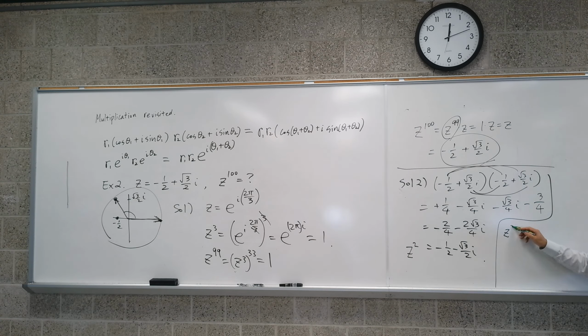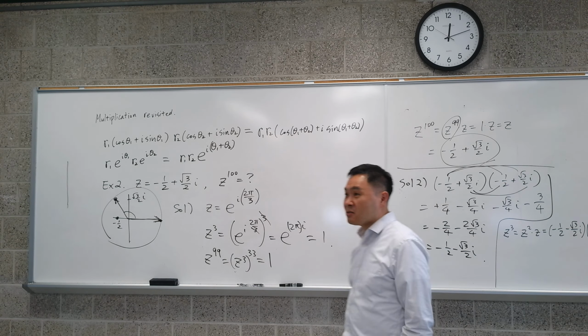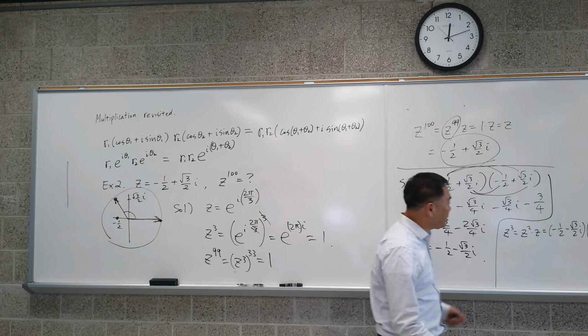Z cubed is z squared times z, which is negative 1/2 minus radical 3 over 2i, times negative 1/2 plus radical 3 over 2i. Now, notice that this is a product between conjugates.